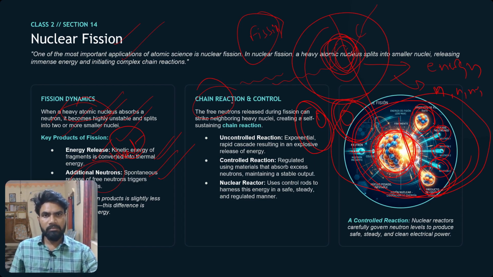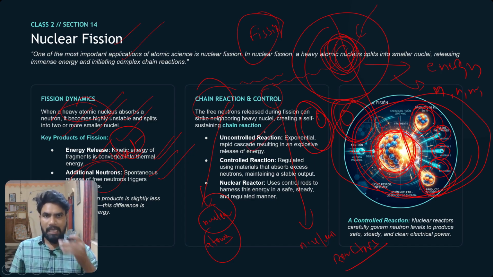The uncontrolled chain reaction is used in nuclear weapons, atomic bombs. An atom bomb works on uncontrolled nuclear fission, whereas when the fission is controlled, it is used in nuclear reactors. The uncontrolled reaction is exponential, rapidly cascades, and results in explosive release of energy. That is what is used in atom bombs.